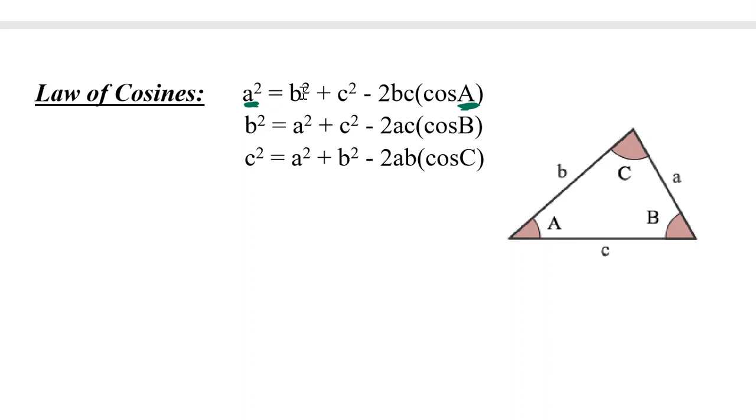The rest uses the other two letters in the same exact pattern each time. So if I have little b here, I have big B over here, and if I have little c here, I have big C over here. That means you really don't have to memorize the formula but once, and then you just adapt it to the needs of the problem.